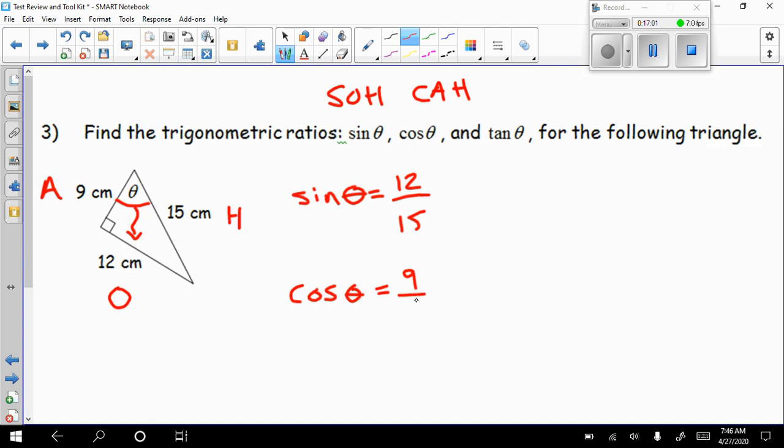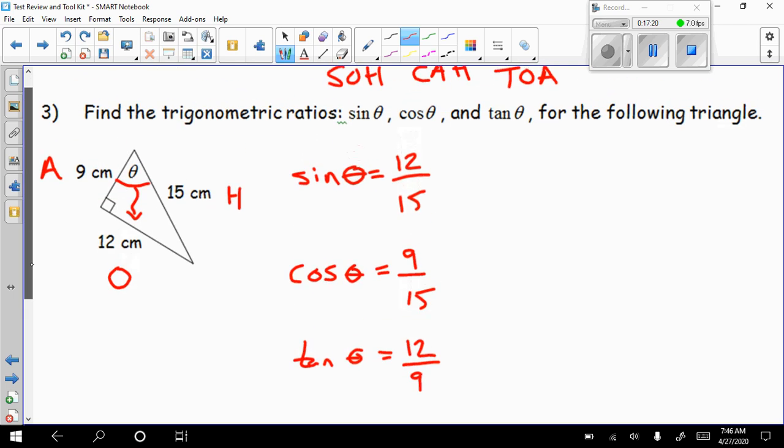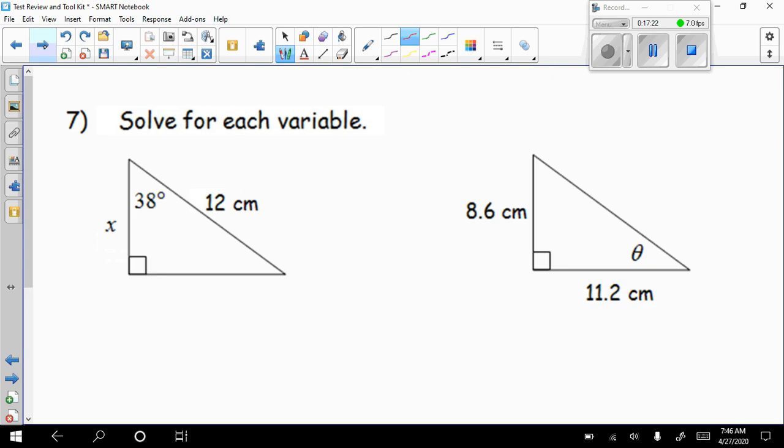It's 9 over 15. And then tan is toa. So tan of theta is opposite, 12 over 9. Opposite over adjacent. Okay, so just writing some of these trig ratios. Okay, let's try another question.